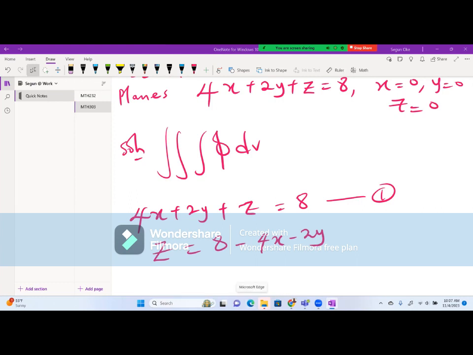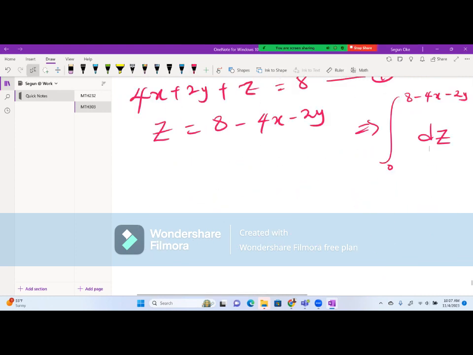If z is equal to this, it implies that my z will be from 0 to 8 minus 4x minus 2y. Whatever I'm doing with the z, take note of that. Now, x is a constant, and we need to integrate with respect to y. If you pick x to be constant, so if you want to integrate with respect to y now, what will happen?